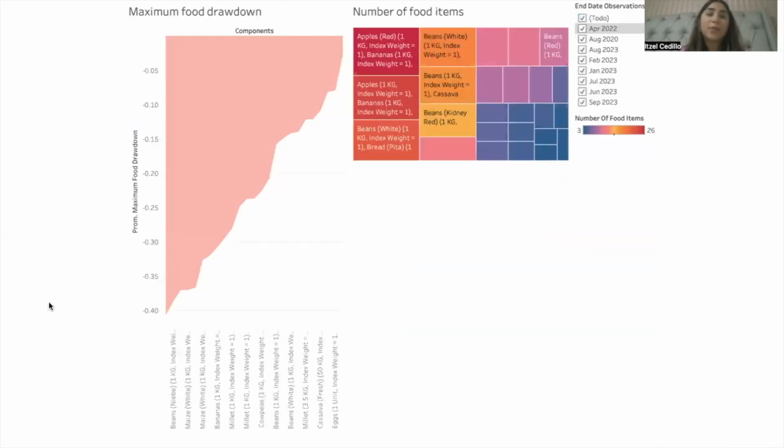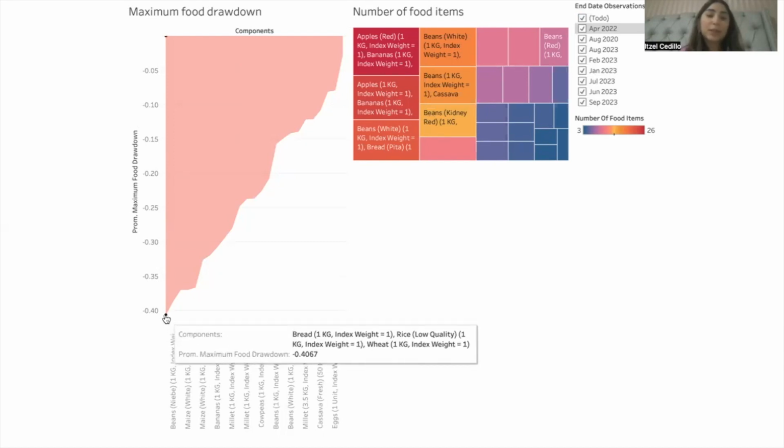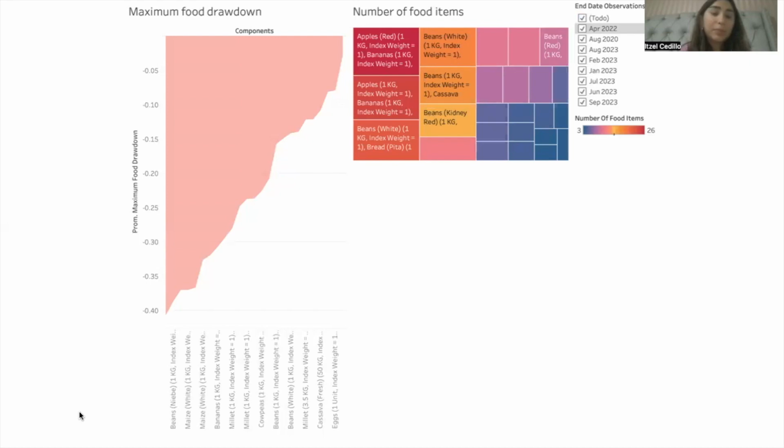Finally, here we have our maximum food drawdown through the years on average. We have here beans, bread, rice, and wheat were the food that was the cheapest through the years.